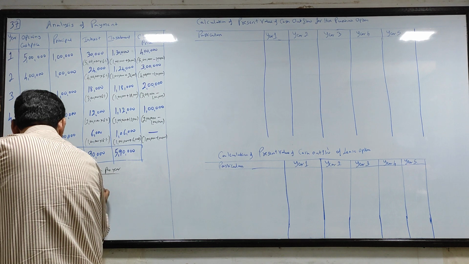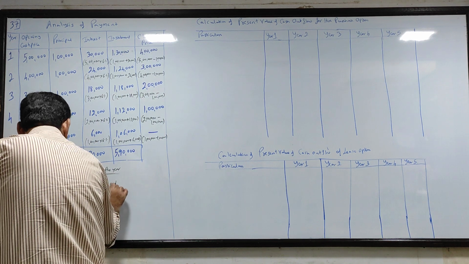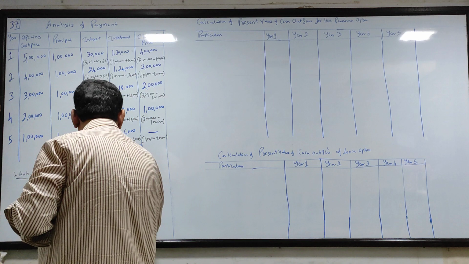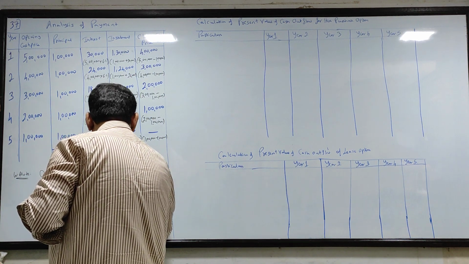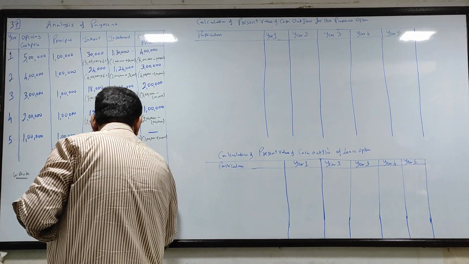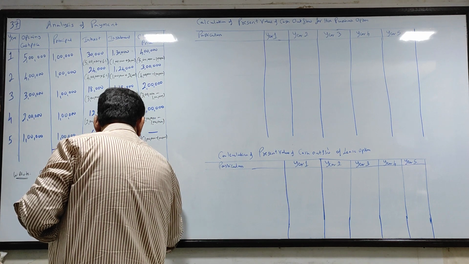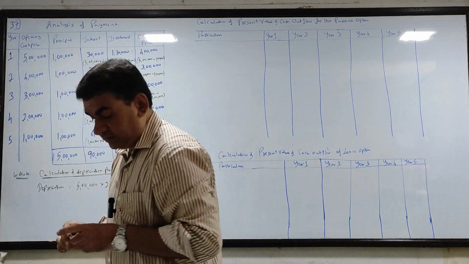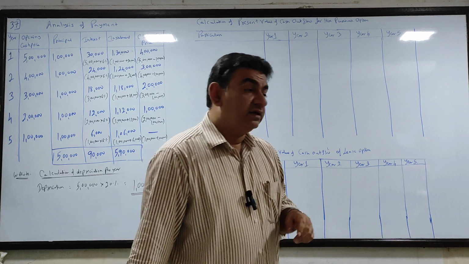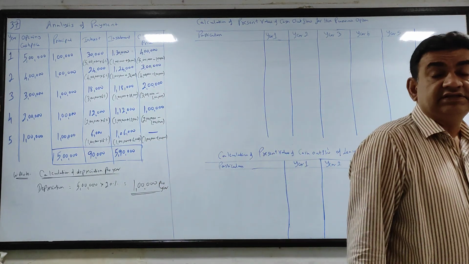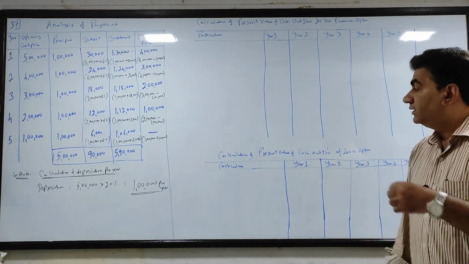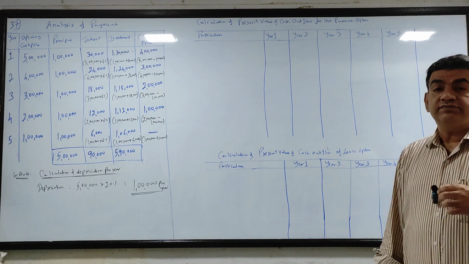Depreciation is equal to 5 lakh into 20%, that is 1 lakh. So 1 lakh per year is my depreciation. Okay, so 1 lakh per year is my depri.